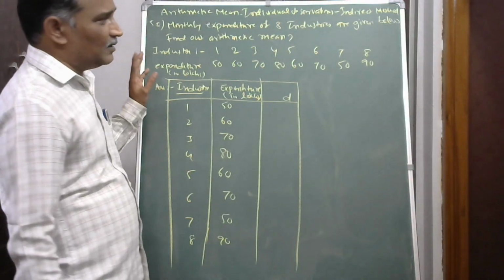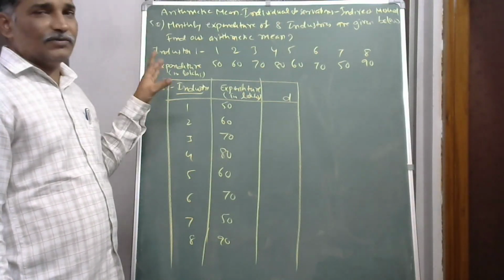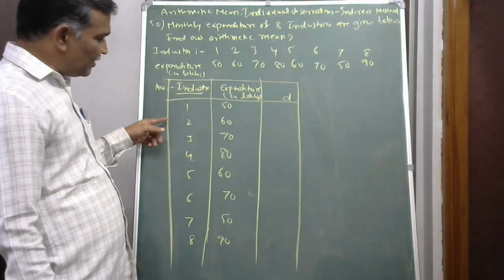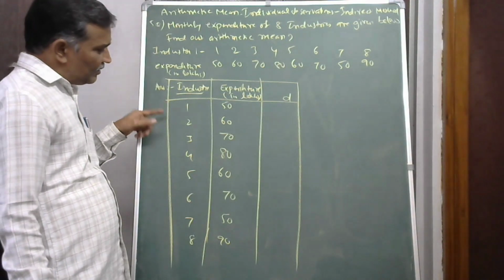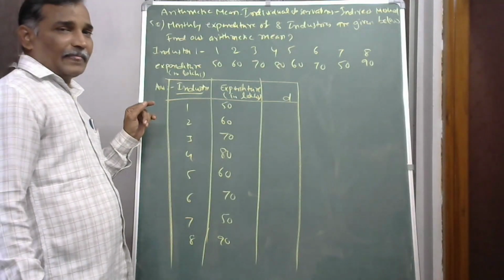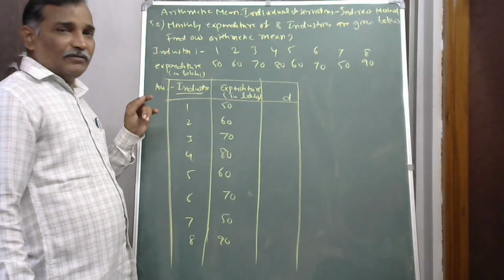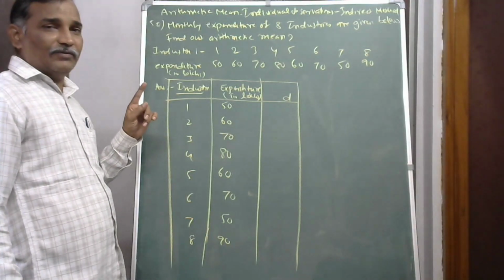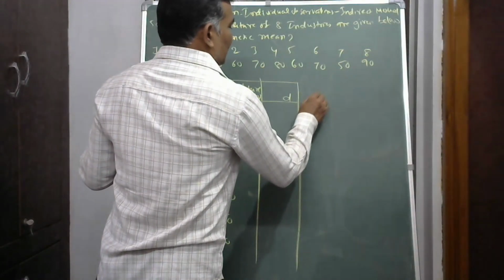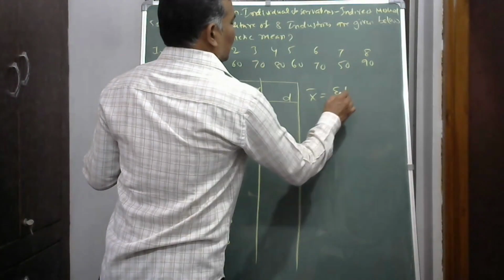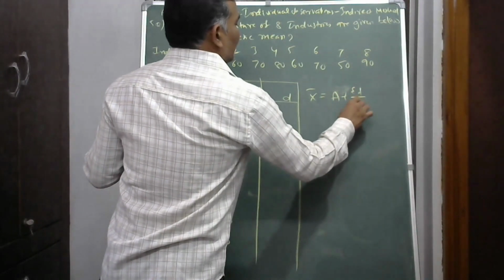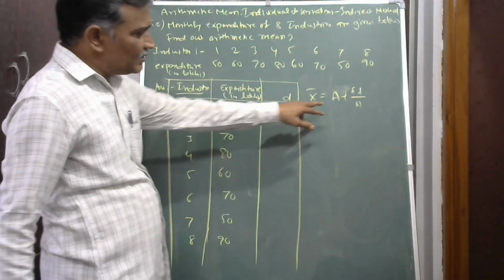After the question, we have to rewrite it in a vertical or columnar manner. I have already written it in vertical manner. After that we have to assume one value as the assumed mean. First we write the formula: arithmetic mean is equal to A plus sigma d by n, where A means the assumed mean.